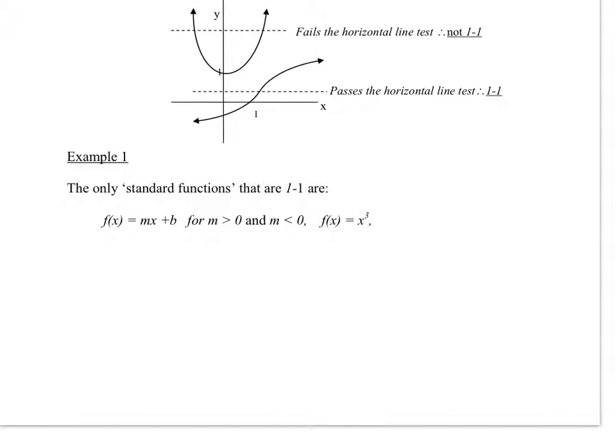There were also the root functions, the square root, the cube root, the fourth root of x. We call those increasing functions, and so if you put a horizontal line, it will only ever cross in one place. And the only other ones were these two here, 1 over x and 1 over x cubed.